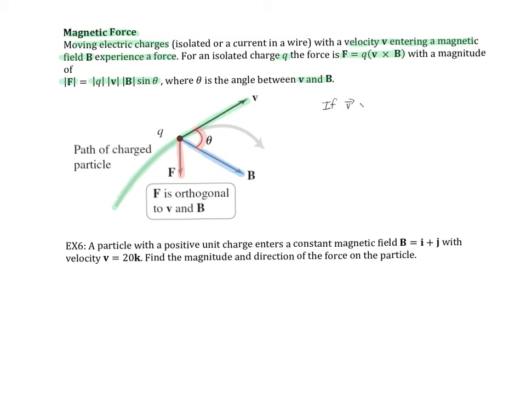So if V is parallel to B, then our force vector is going to be equal to the 0 vector. So that's the idea, and that's where we could use cross products.